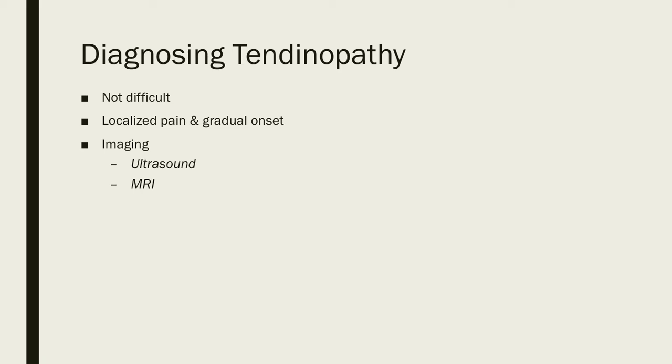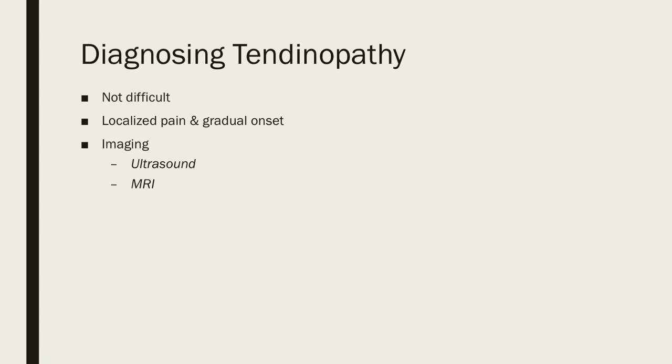Diagnostic imaging can be helpful in diagnosing tendinopathy. The most useful first line investigation with sports med staff is often the ultrasound scan. This is really commonly used in the diagnosing and even the treatment of tendinopathy.